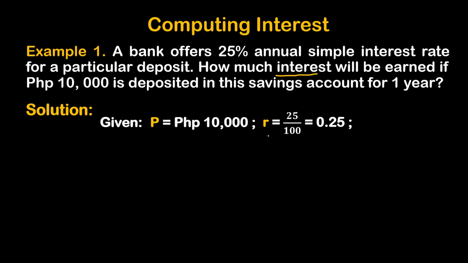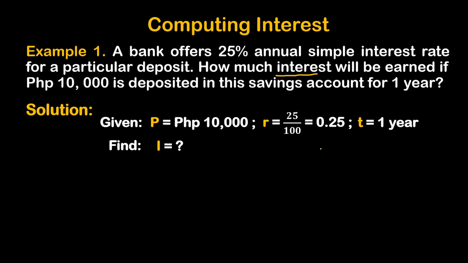Ang gagawin lang natin dito is i-convert lang natin to decimal. To convert this to decimal, we divide 25 by 100, and that is 0.25, which is the value of our R. Then we also have our T, which is 1 year. With this given information, we can now solve for our I, which is the interest.